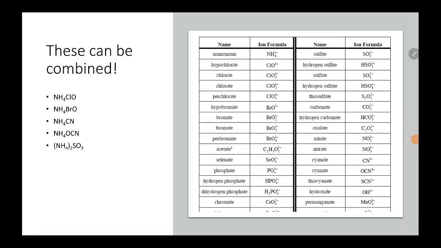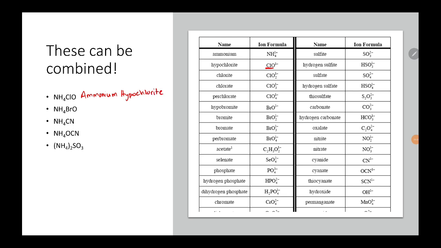We have some examples here where ammonium has been bonded to other polyatomic ions, and we are going to try to determine the name. The first one we see there is NH4ClO, and ClO is the formula for the hypochlorite ion. So the name of this compound would be ammonium hypochlorite.